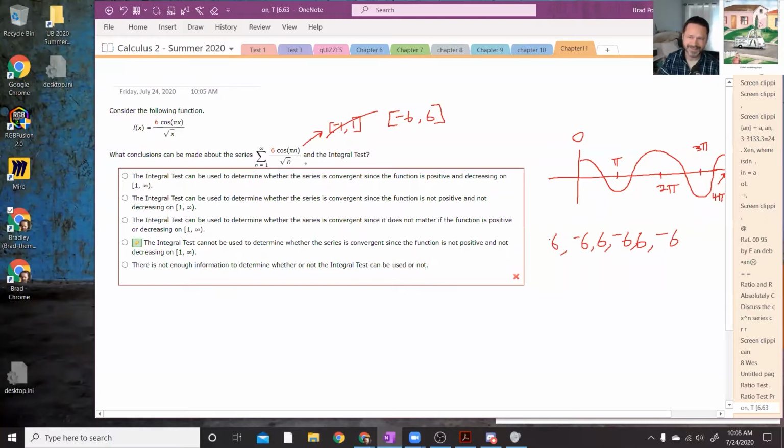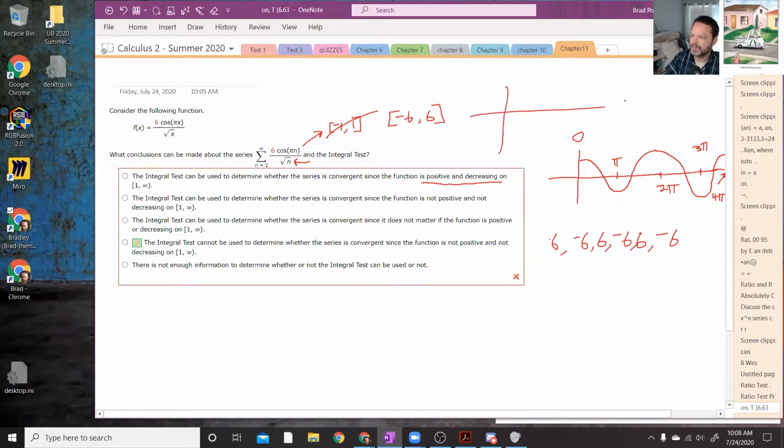No matter what this thing is doing at the denominator, obviously that's getting bigger and bigger. So the integral test can be used because it is positive and decreasing. First off, it's not always positive. Secondly, it's not decreasing. It's increasing and decreasing constantly. Because it's this kind of thing, and then we keep dividing it by a larger number.